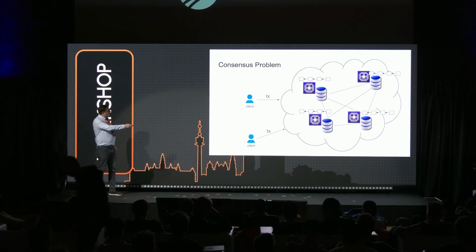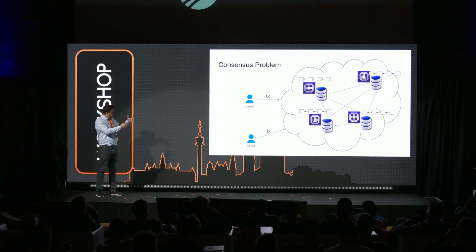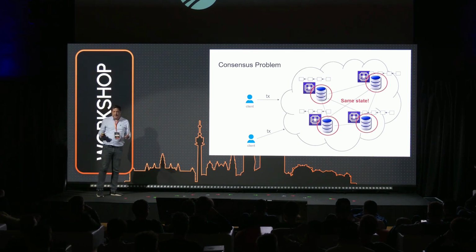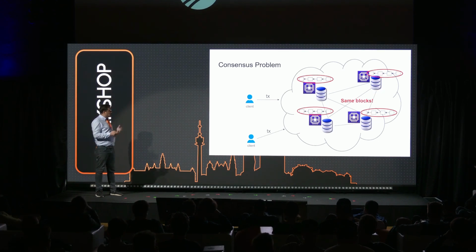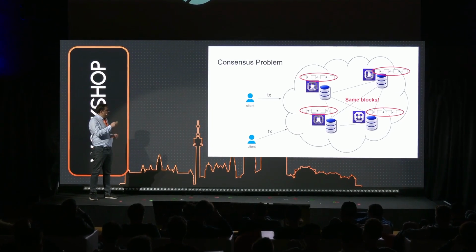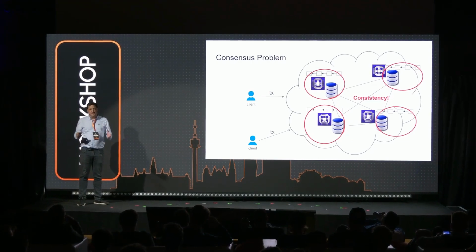So this could be seen as a kind of a computer from the outside that accepts transactions as inputs from different clients, and each of the nodes within this computer independently want to replicate the state of the blockchain. And this is really important because if you have inconsistent state, you can have attacks like double spending, and we want the ledger to remain consistent as well. So the consensus problem is really about keeping all these different nodes consistent during this computation.